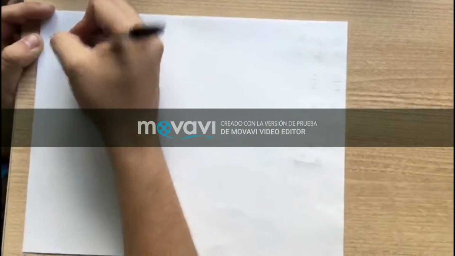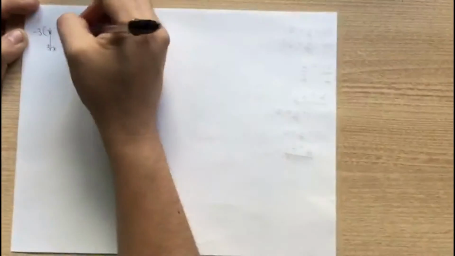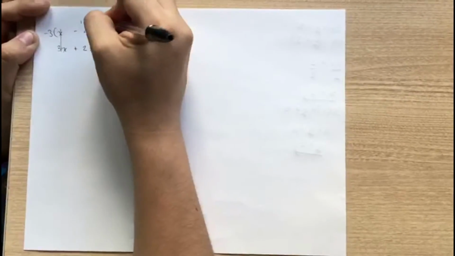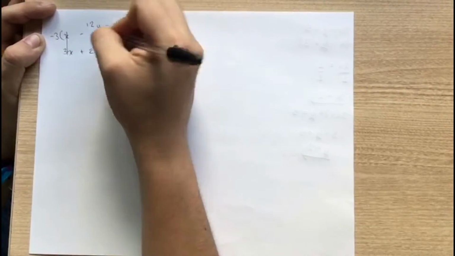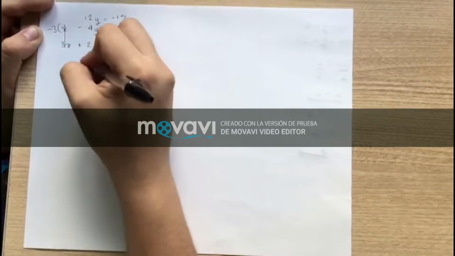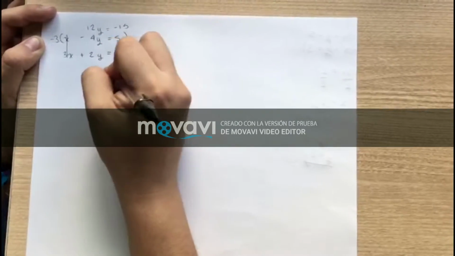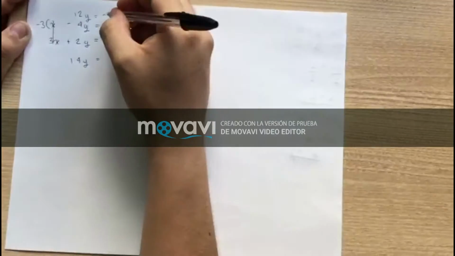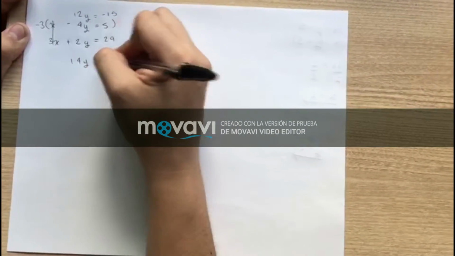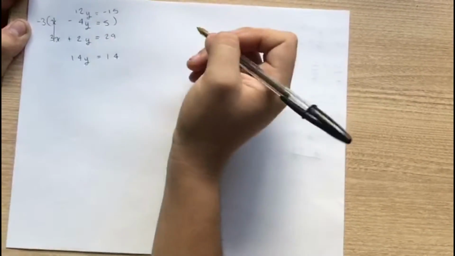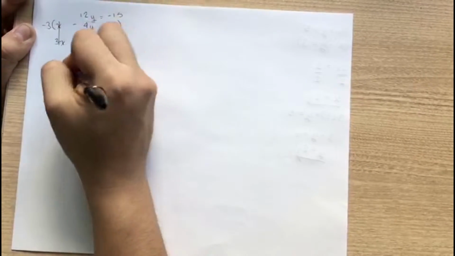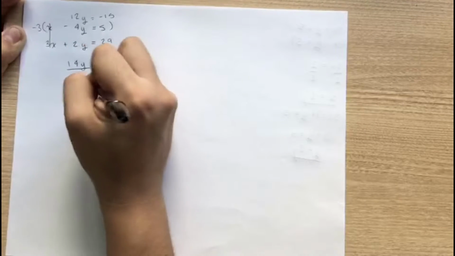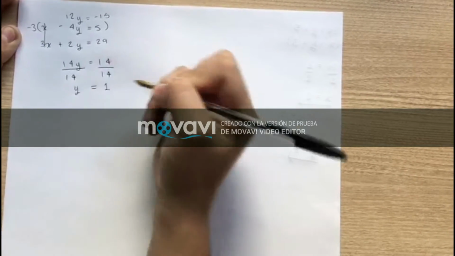We're gonna multiply this by this. We're gonna have 12y and minus 15. Okay, it's positive, so it goes 14y, and this joins together to get us 15 minus 29 equals 14. So we have 14y equals 14. We're gonna divide it by 14 and we're gonna get a very clean y equals 1.